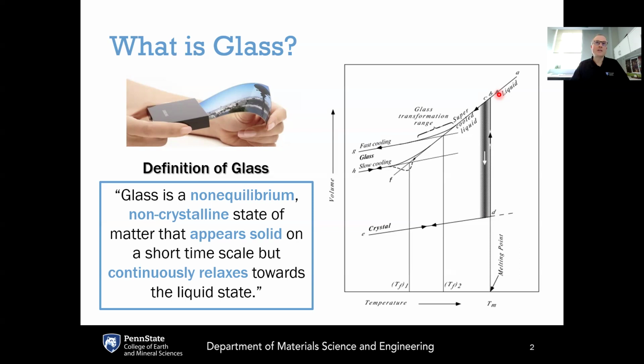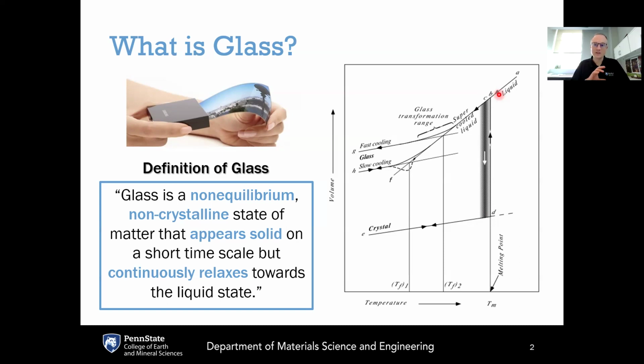Other liquids, like liquid silica, for example, have much higher viscosities, or in other words, much lower fluidities at their melting temperatures or slightly below the melting temperatures of the corresponding crystals. What this means is that the atomic motions are a lot more sluggish in these higher viscosity liquids like silica.